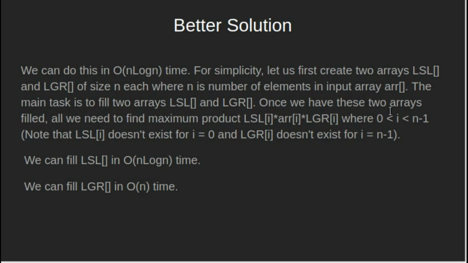Once we have these two arrays filled, all we need to do is find the maximum product LSL[i] * array[i] * LGR[i], where i lies between 0 and n-1. Note that LSL[i] doesn't exist for i equal to 0 and LGR[i] doesn't exist for i equal to n-1. We can fill LSL in O(n log n) time and we can fill LGR in O(n) time.